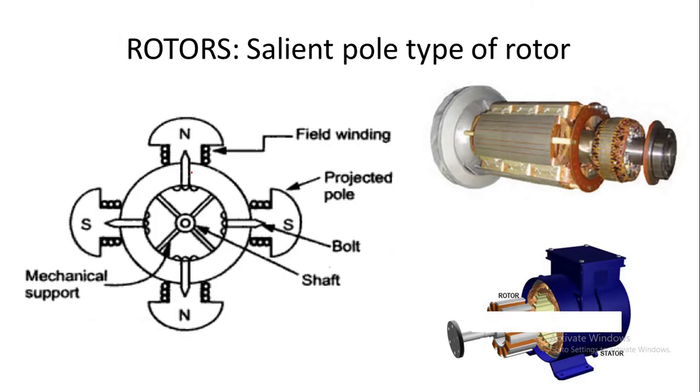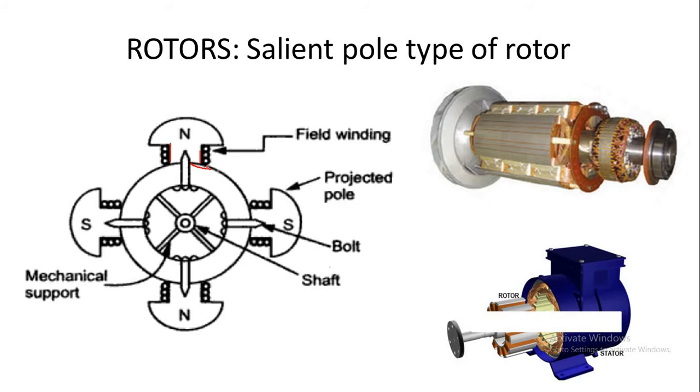Coming to the rotor, there are two types of rotor. One is the salient pole type of rotor, and the other is the non-salient pole type of rotor. The first type is the salient pole type of rotor, which you can also call the projected pole type of rotor, as all the poles are projected out from the surface of the rotor.